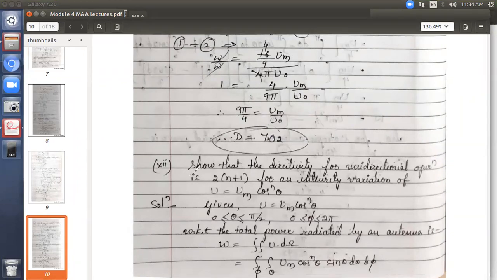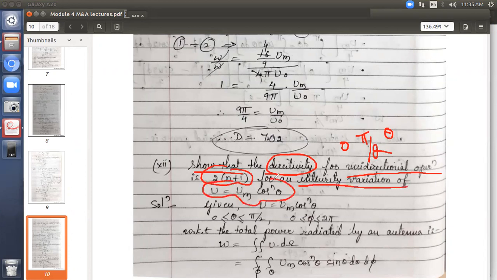The question says: show that the directivity for unidirectional operation, unidirectional meaning theta range is between 0 to pi by 2, is 2 times n plus 1 for an intensity variation of u equals u m cos raised to n theta.